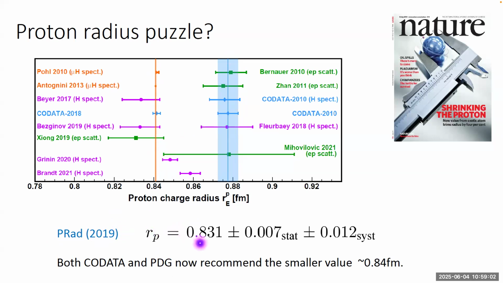From the electron scattering you can see the radius is 0.83, so it's in this region. So from an outsider like me, it seems there's no puzzle anymore. It seems like the puzzle has converged. But it's very remarkable that if you look at the errors here, it's only 1% errors. So it's a very precise measurement.